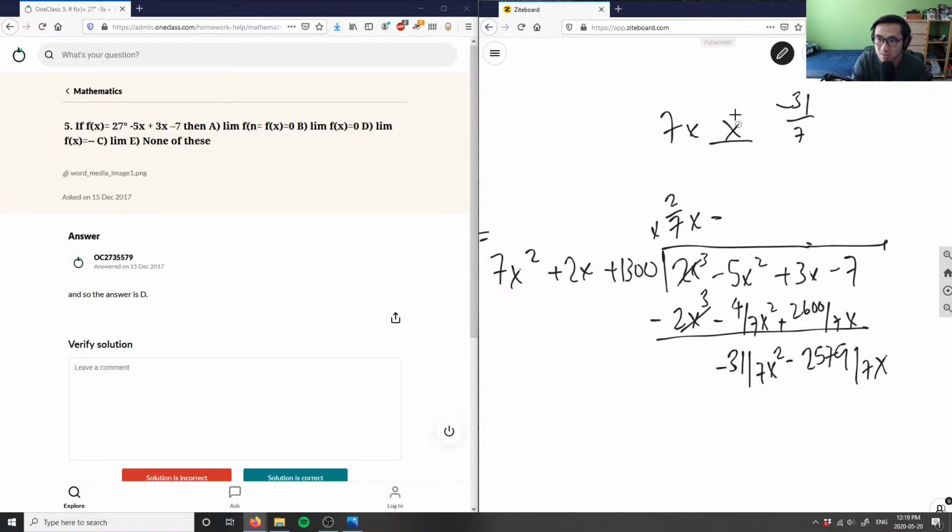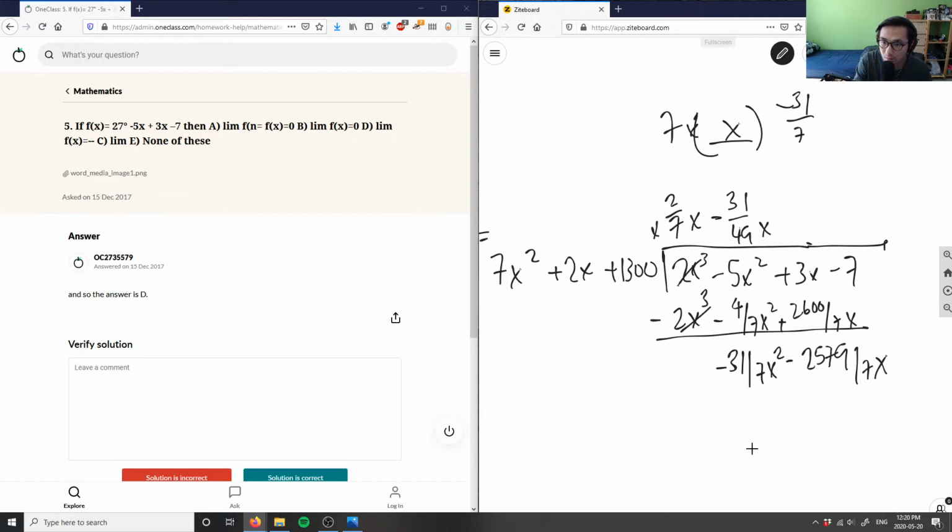So I can say that this here is 7x. I can move the 7 to the other side. So it's -31 over 7 divided by 7, which is -31 over 49, which is a really weird number. I have a feeling this is not going to work out, but we will try this regardless. Times 7 would give me -1 over 37, which is good.